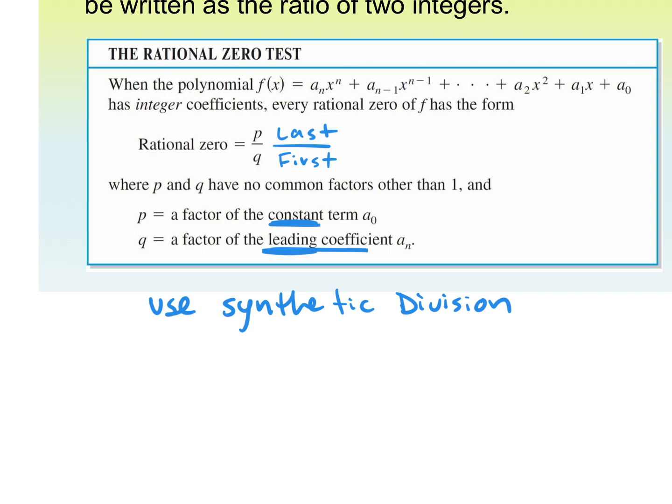Awesome. If the remainder is 0, then it's a factor. If you get a number for a remainder, it's not a factor. You can cross it off the list. It's not going to work out. So we're looking for the remainder to be 0. So the remainder has to equal 0. If the remainder equals 0, then it's a factor.